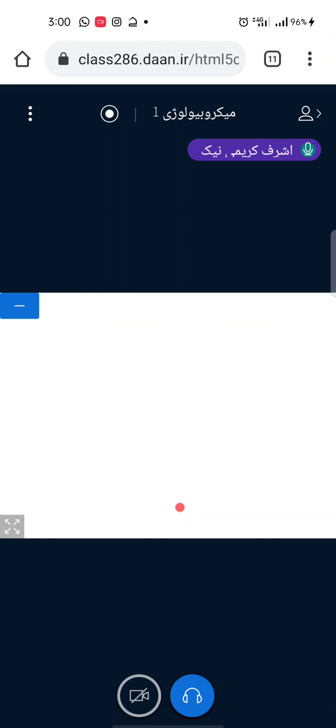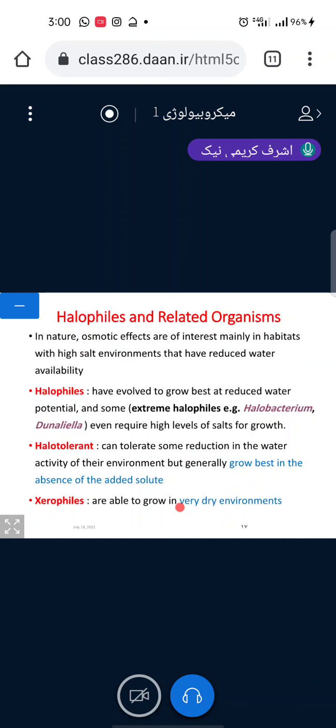Halophiles and related organisms. In nature, osmotic effects are of interest mainly in habitats with high salt environments that have reduced water availability.